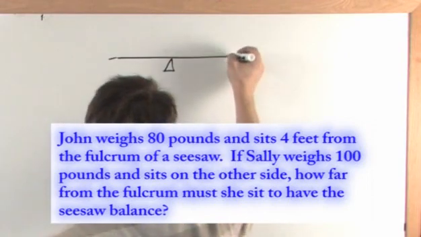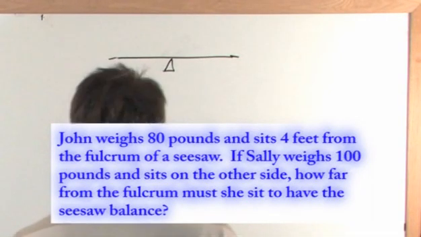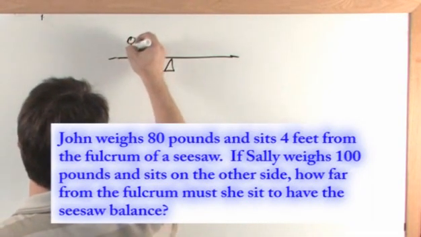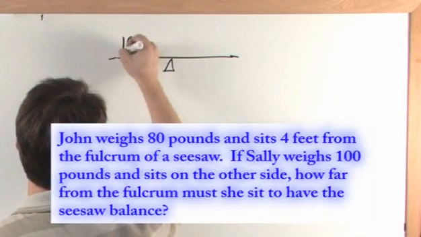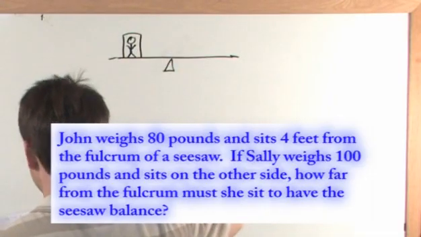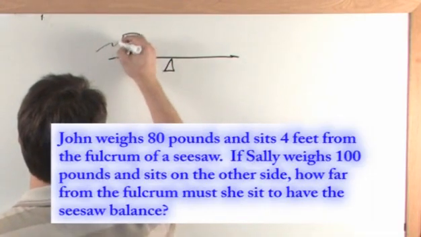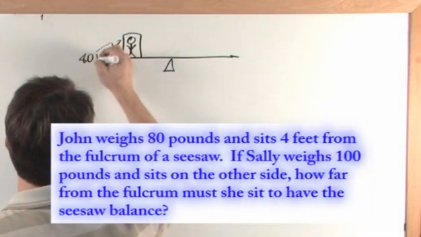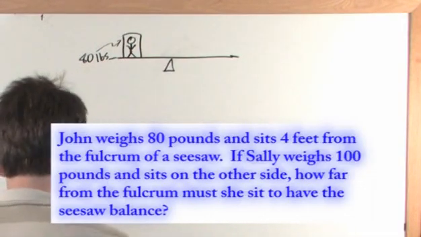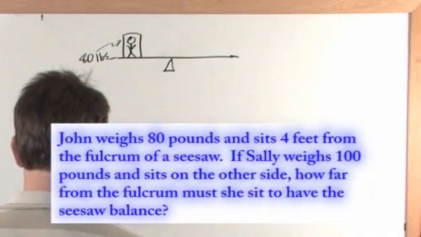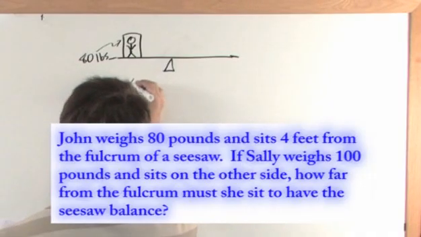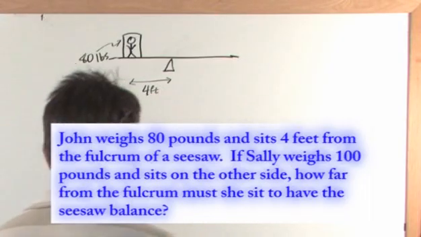So here's the seesaw, okay? Now let's go ahead and put somebody over here. This person weighs 80 pounds, so this is John, who weighs 80 pounds, okay? And it says right here he sits a distance of 4 feet from the fulcrum.